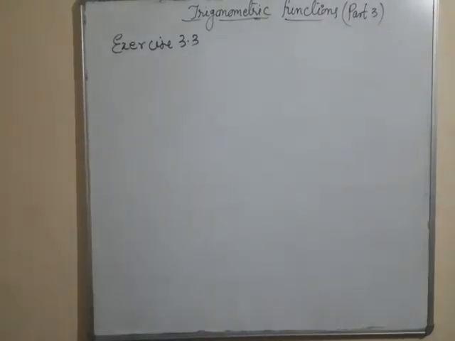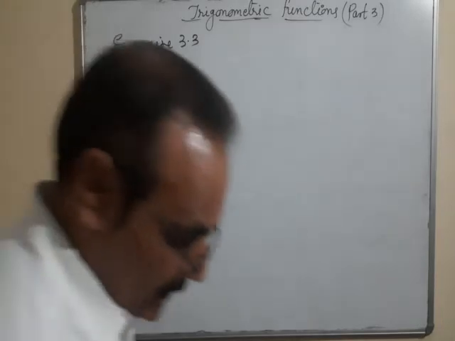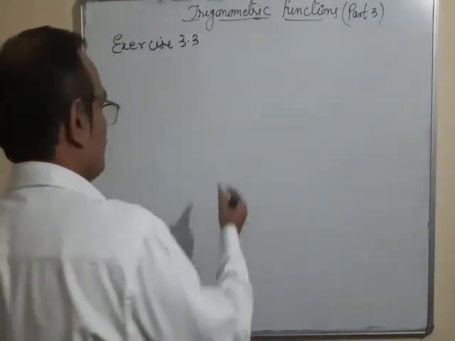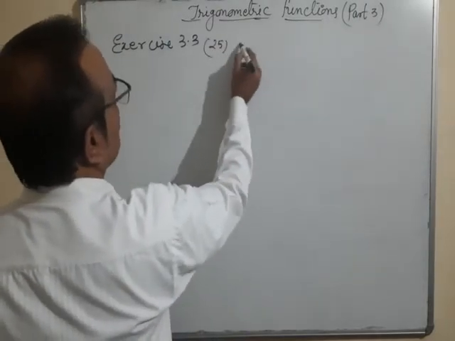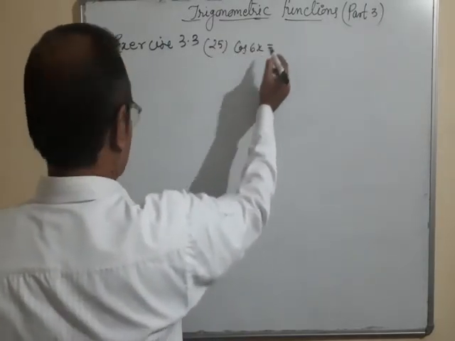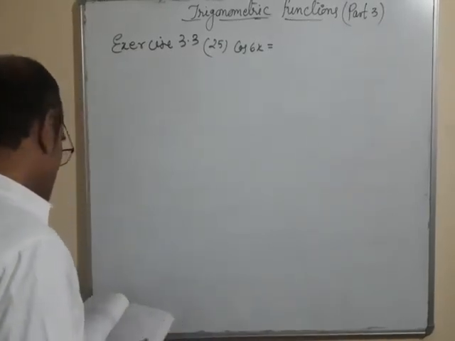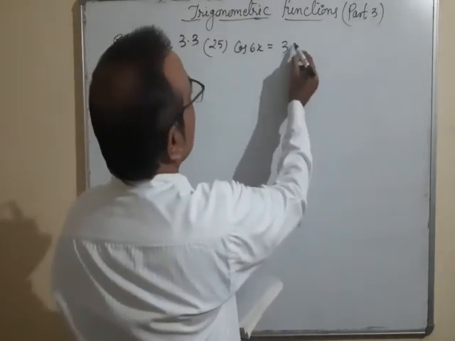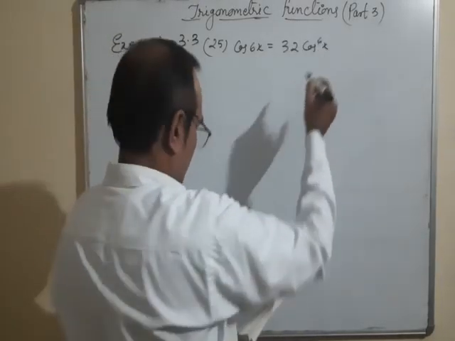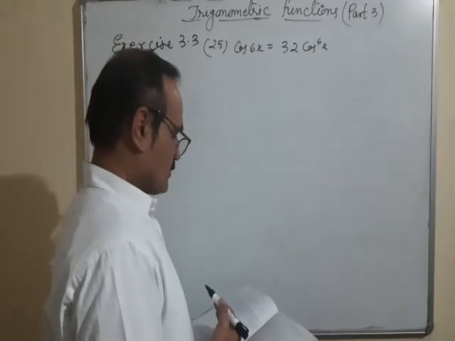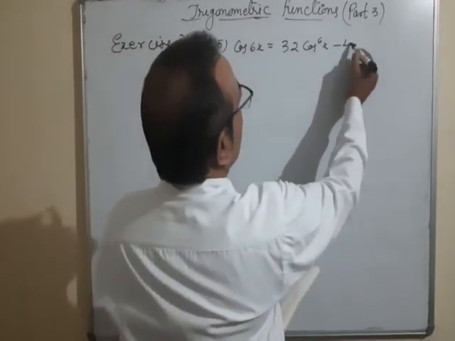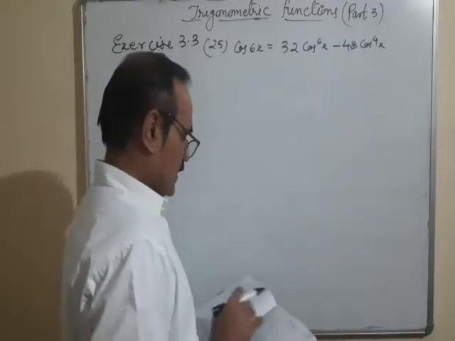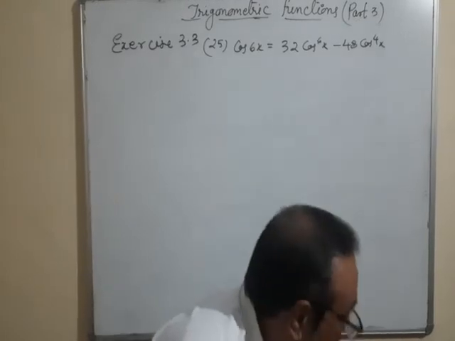And after that I am taking one last question of this exercise, and that is question number 25: cos 6x is equal to 32 cos to the power 6x minus 48 cos to the power 4x plus 18 cos square x minus 1.